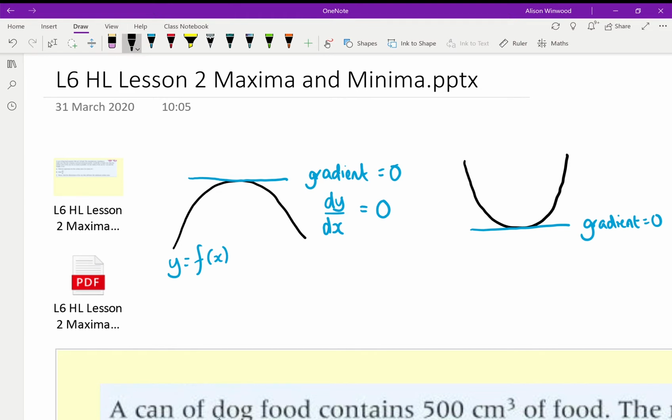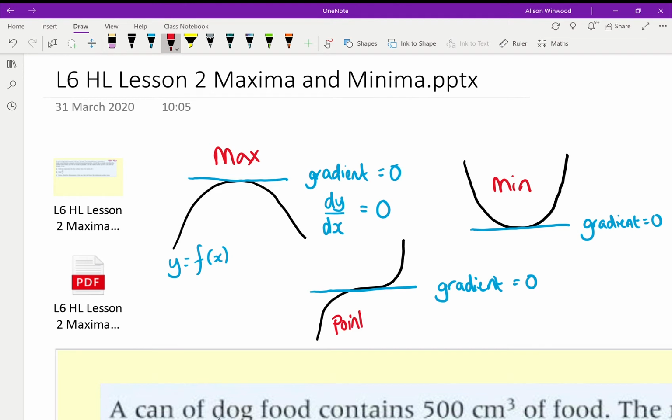A third possibility is that it's neither, but that the graph just momentarily has a gradient of 0. And that's called a point of inflection. So we've got a maximum, a minimum, or a point of inflection.